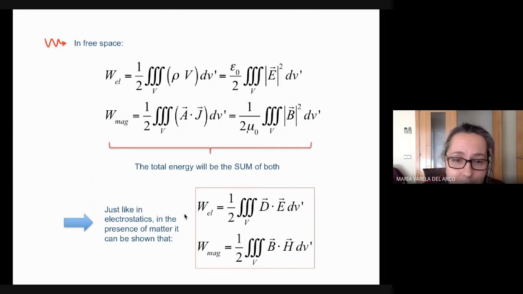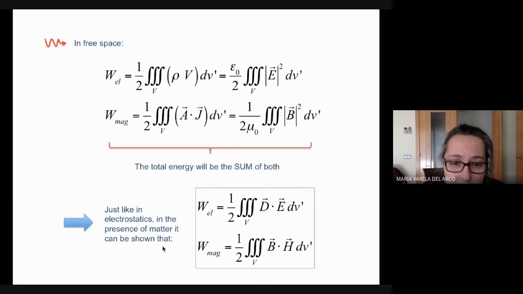Just like the actual electric energy was from here, we just define D and say this 1/2 of D dot E. The magnetic energy is going to be 1/2 of B dot H, if we just make use of the fact that in free space, H is B over mu naught. But then, of course, for a material, it will be B over mu. All right?